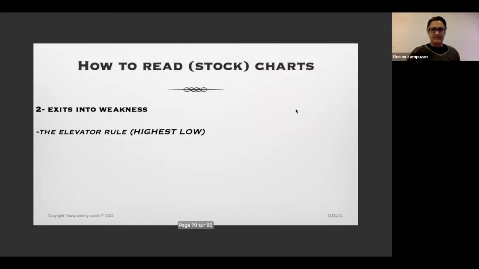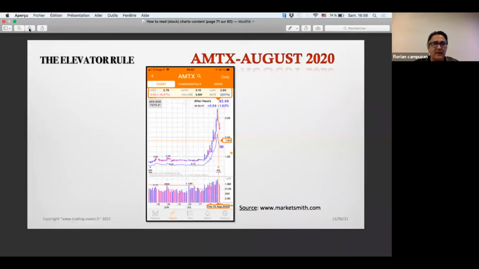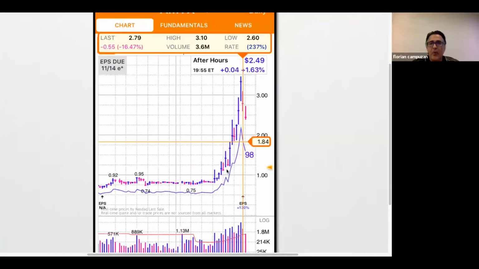Okay, so it's interesting. And here, the elevator rule, I'll talk about it. It's my own view, but I like to adapt to the specific behavior of a stock. Here, you see, you wait.